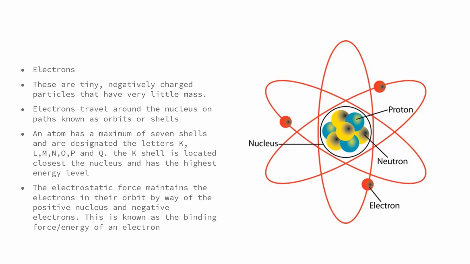These shells are designated letters from K to Q, all right? The electrons that are closer to the nucleus have binding energy, and those closest to the nucleus have the greatest binding energy. So you need more energy to release those electrons from their shell, right? Everybody with me?